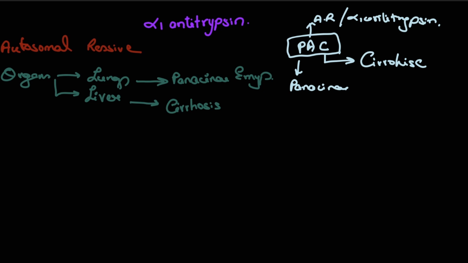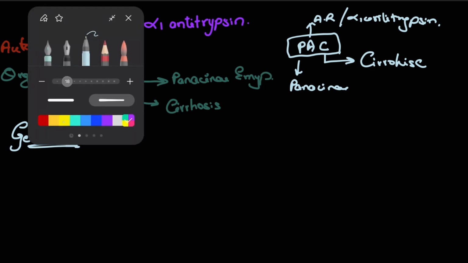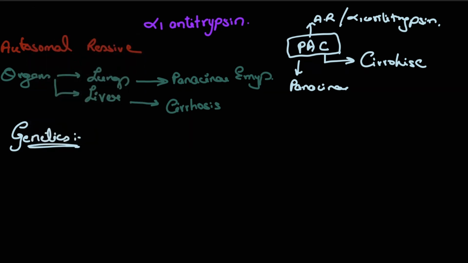Like, why there is a deficiency of alpha-1 antitrypsin. So genetics. Please do remember the most important chromosome is chromosome 14. On chromosome 14 there is a gene for alpha-1 antitrypsin. So it is getting affected.